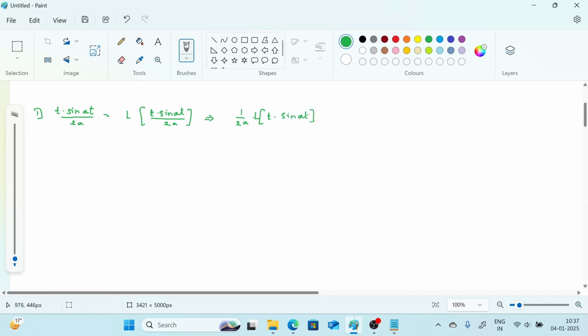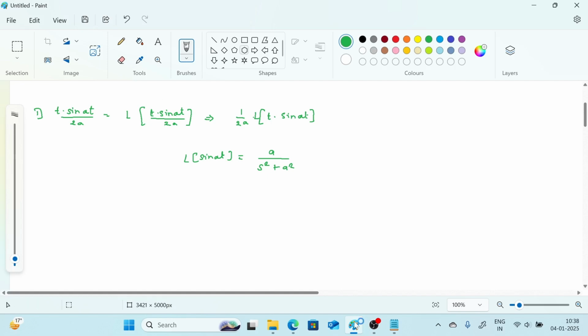Simple. We have Laplace of sine at. We know the formula for Laplace of sine at. What is the Laplace of sine at? a upon s square plus a square. But what is our requirement? Our requirement is t into sine at upon 2a.